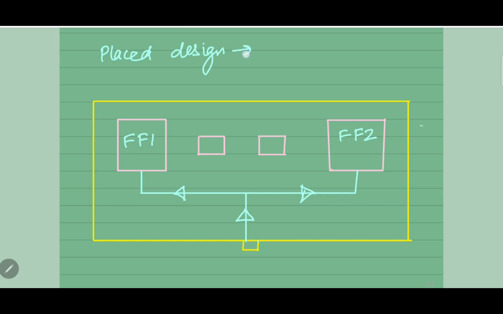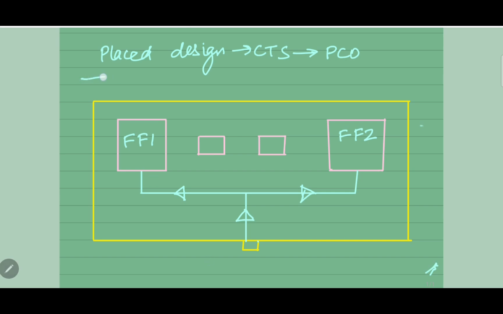So after this, CTS would have happened, and post CTS optimization, which we call PCO, is done, in which we are trying to meet the timing, skew, gap and DRV limits for the clock, basically clock optimization. That is why it is called post CTS optimization.